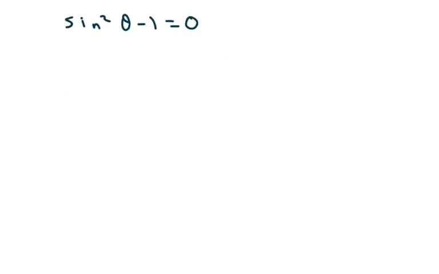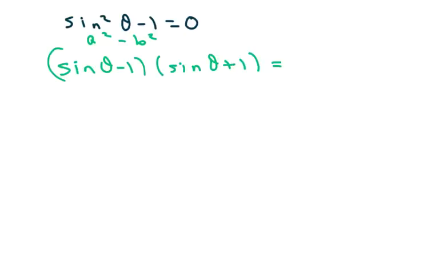Alright, now this one, we've already done one like this in a previous video, but we just added 1 and square rooted both sides. This time I'm going to do it a little different, and I'm just going to treat this as a squared minus b squared, which we know is sine of theta minus 1 times sine of theta plus 1 equals 0. It's just a different way to do it. And I'm going to do the same thing here.